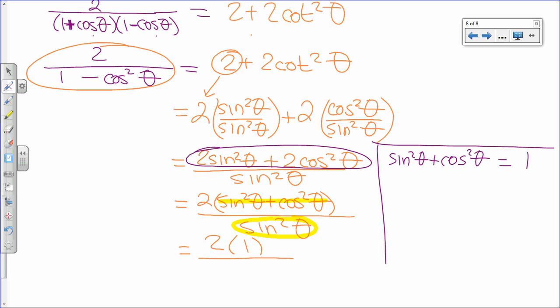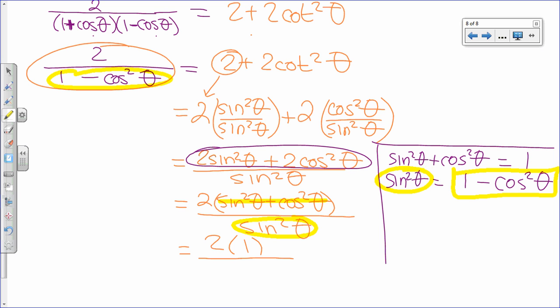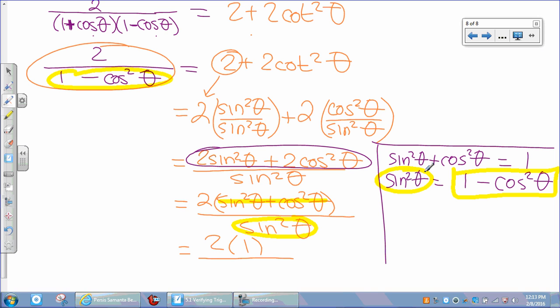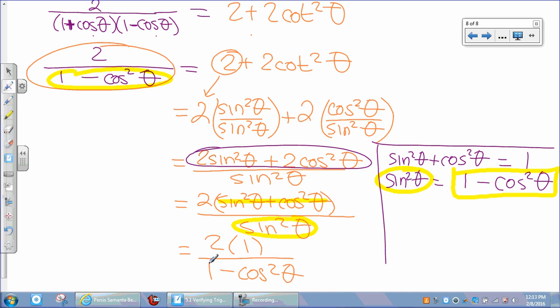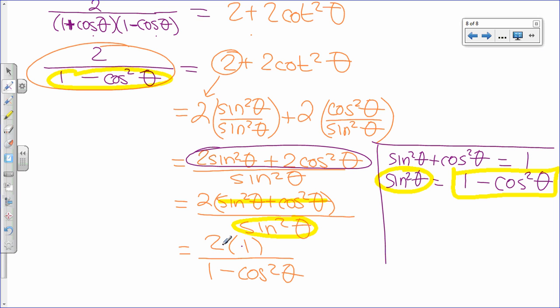And so if I solve for sine squared theta, that will equal 1 minus cosine squared theta. So I'm going to replace sine squared theta with 1 minus cosine squared theta, so that it looks like the one we have on the left side. And of course, we have that 2 times 1 right here. 2 times 1 is equal to 2. So that will be 2 over 1 minus cosine squared theta.